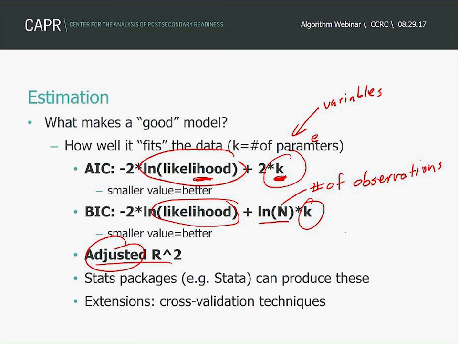Just the more parameters you add, you will do no worse in terms of R-square than if you didn't include those variables. So if you use the R-square, make sure you use the adjusted one, which has a penalty for the number of parameters. So let me just pause here and see if there are any questions about what I'm saying here. And I'll show some example of code that we used in STATA in just a slide or two.